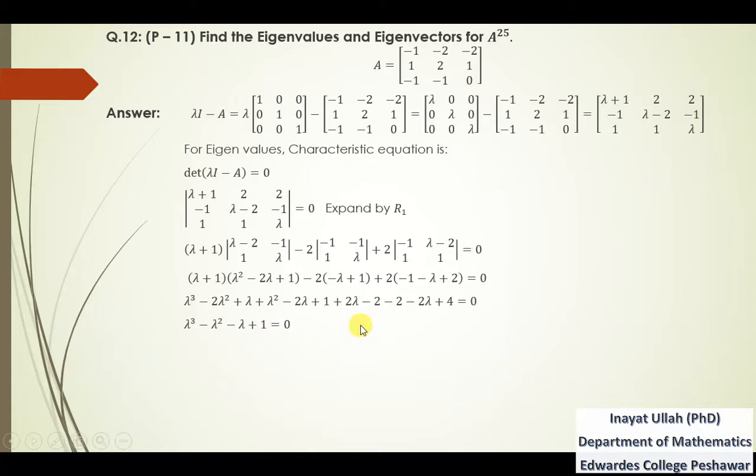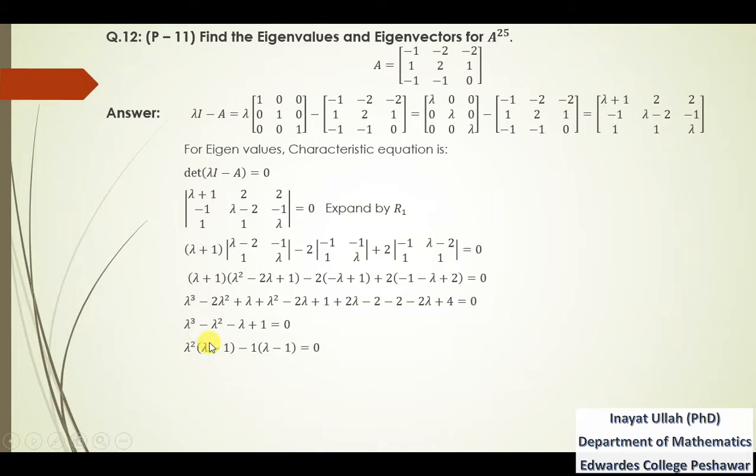And what about these constants? 1 minus 2 is minus 4. Minus 4 plus 4 cancel, so we are left with this one, so there is 1. And now we need to simplify this equation, taking lambda square common from these two.